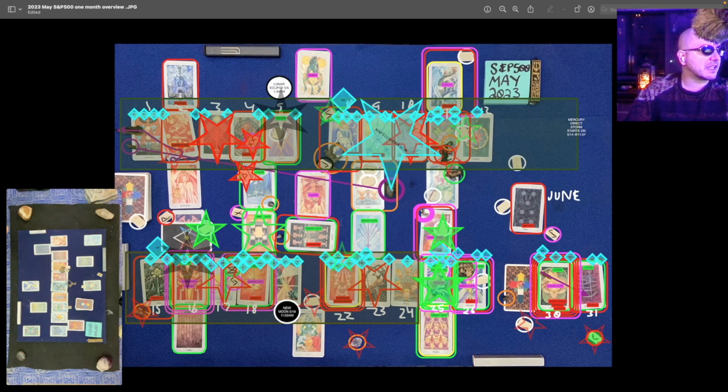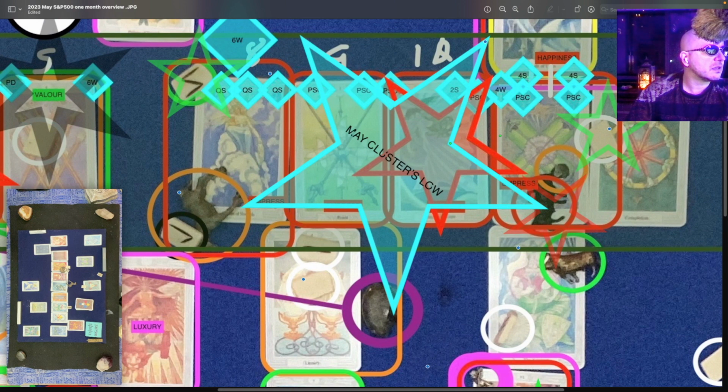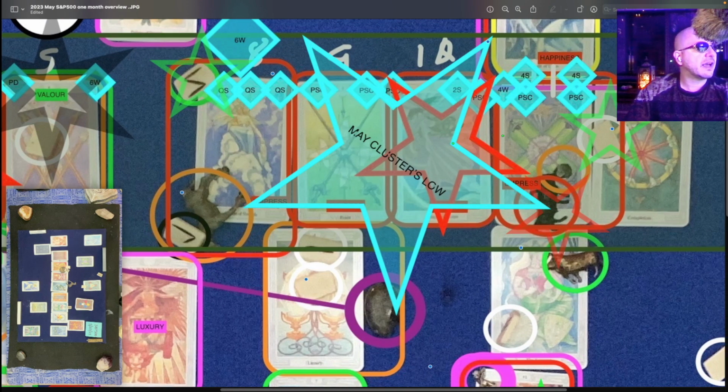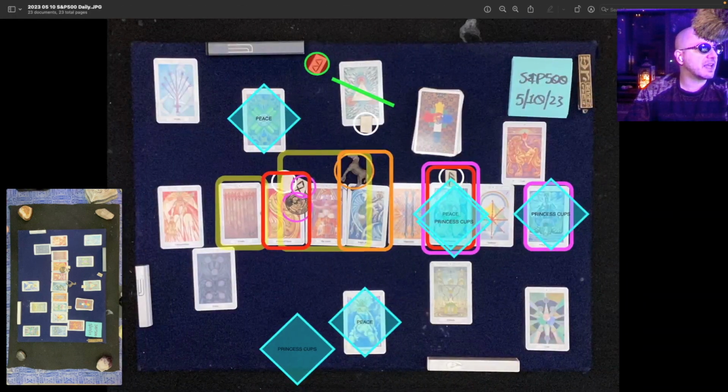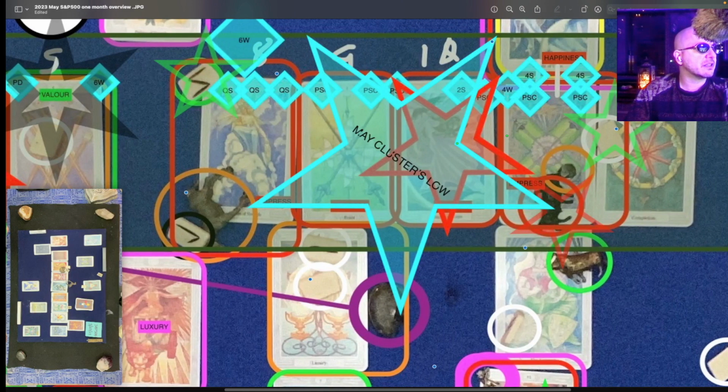So in the midst of a decline on the 10th, it looks like you could open up a long position.